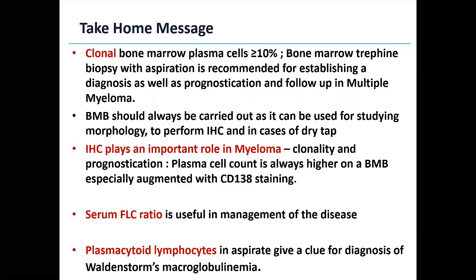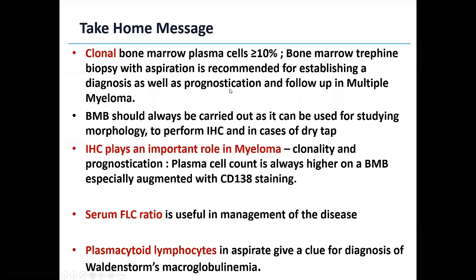So the message is that we have to demonstrate plasma cells, or the P-lymphs, in the bone marrow in Waldenstrom, which should be more than 10%. Bone marrow trephine biopsy is recommended not only for diagnosis, but in cases of marrow fibrosis and marrow necrosis, wherever the aspirate is not good enough.